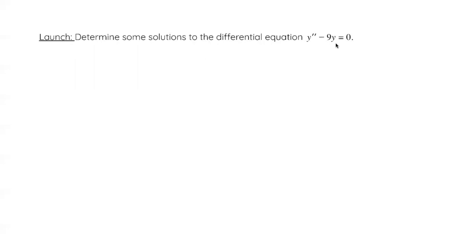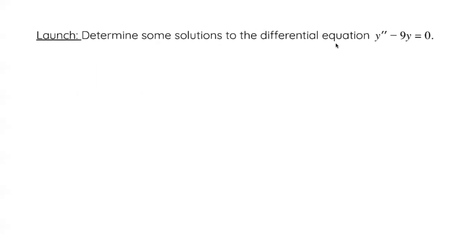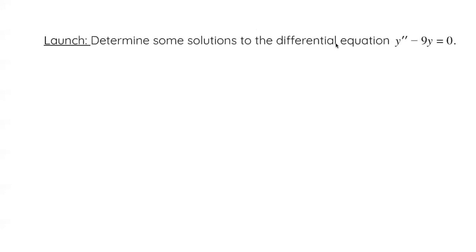I think some of this seems magical when people say, well, let's assume this, let's assume that. I want us to step into that role a little bit and think about all that we know about calculus, and think about what a possible solution for y double prime minus 9y equals 0 might be.